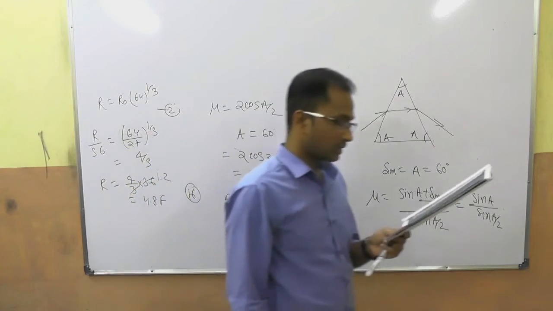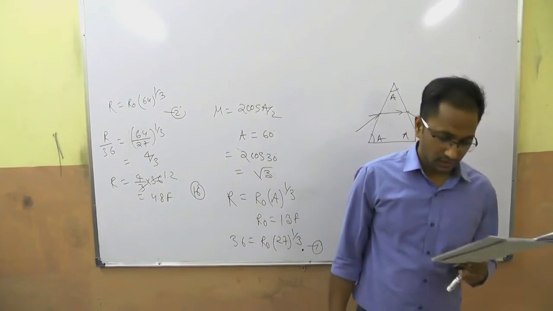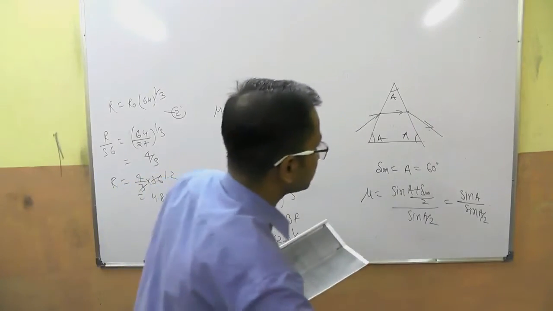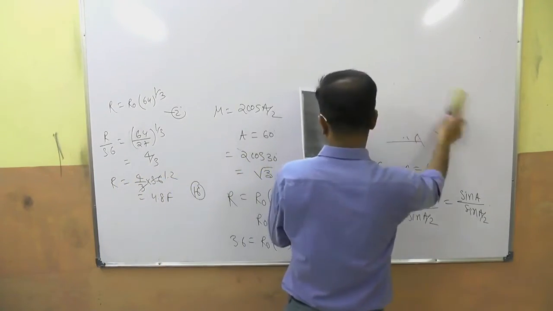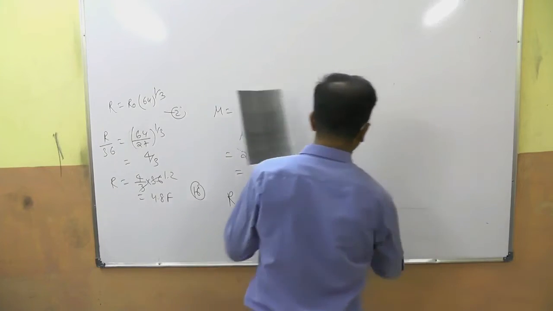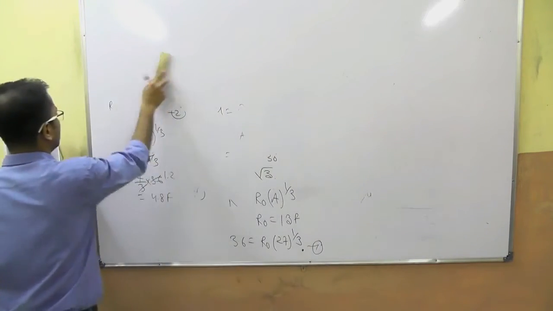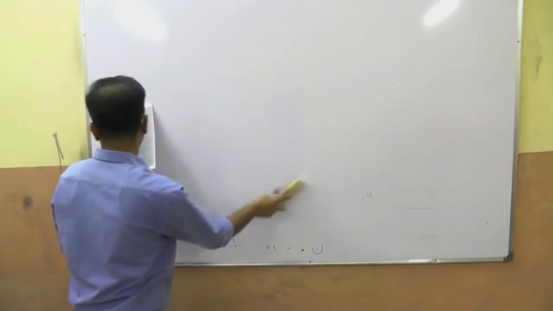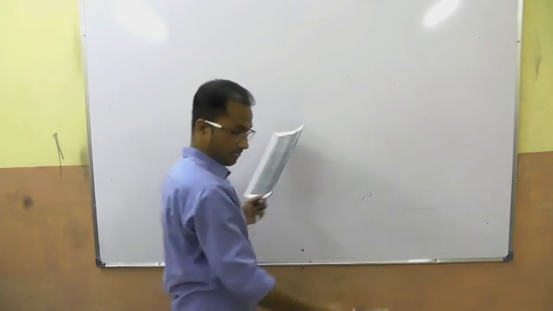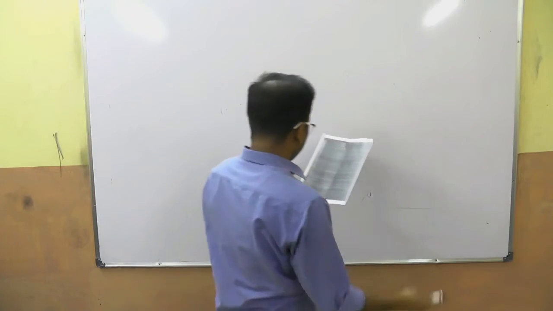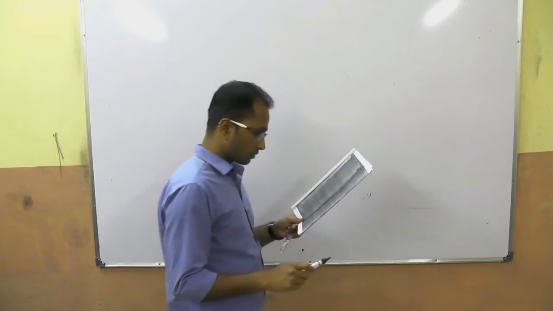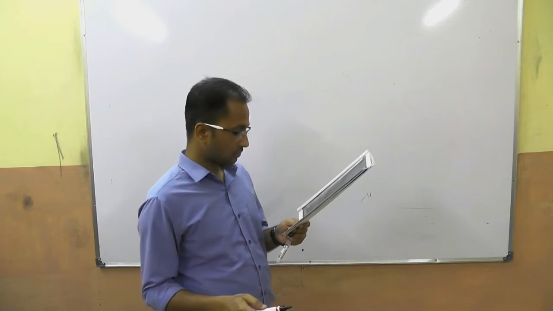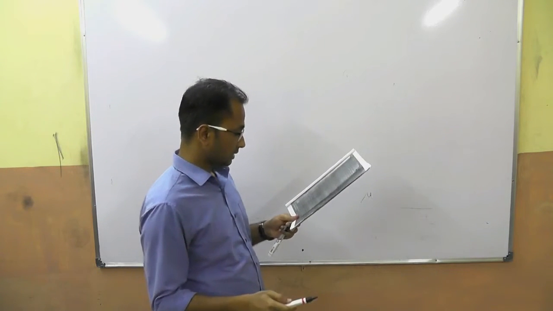Now, if a proton and an electron have equal speed, find the ratio of the de Broglie wavelength associated with them.